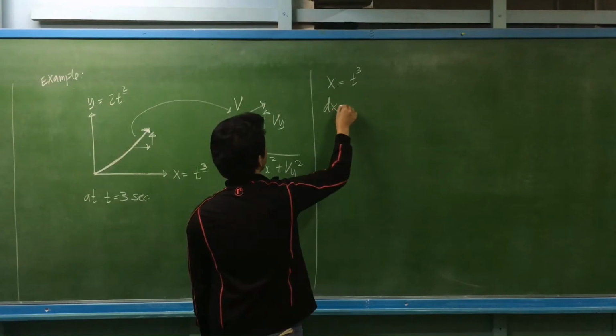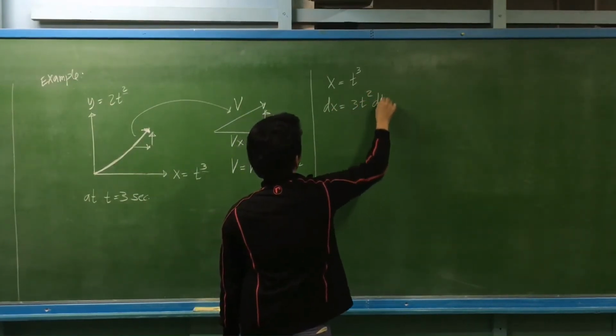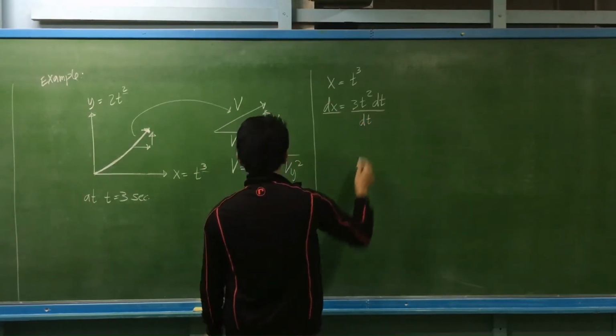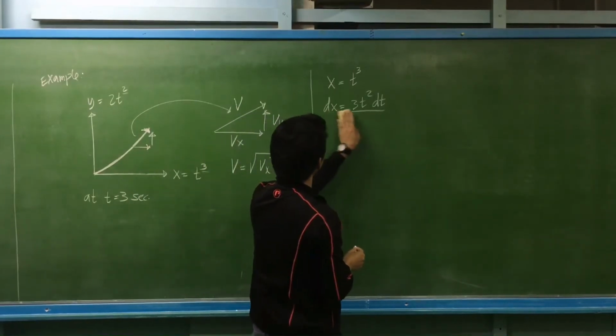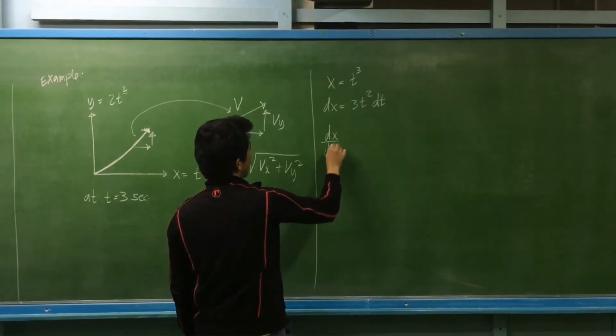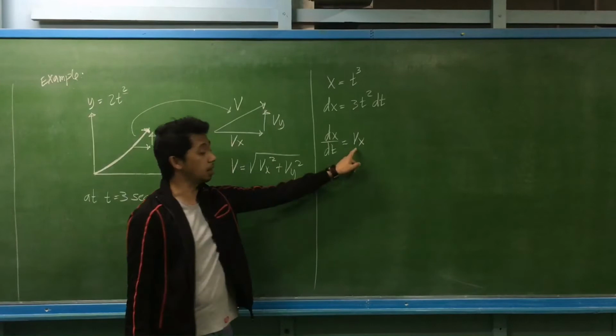This is the same as dx equal to 3 times t squared dt. Dividing both sides of the equation by dt, we have dx divided by dt, which is the same as the velocity along x.